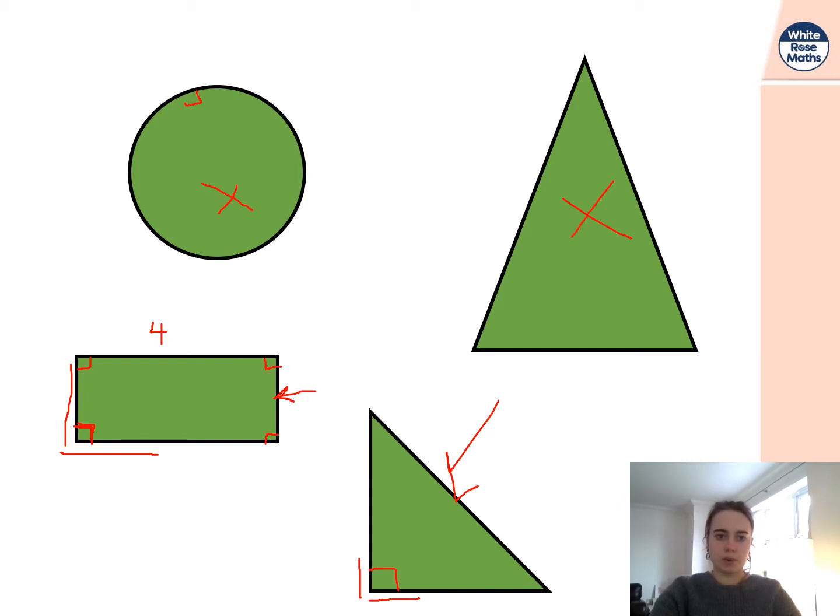I couldn't make a square at any point on any of the sides of a circle because one of my sides of the square would be curved. And on this triangle, if I was to try and make right angles, we can see that the sides aren't all straight. We've got some slanty sides that mean we don't have right angles on that triangle.